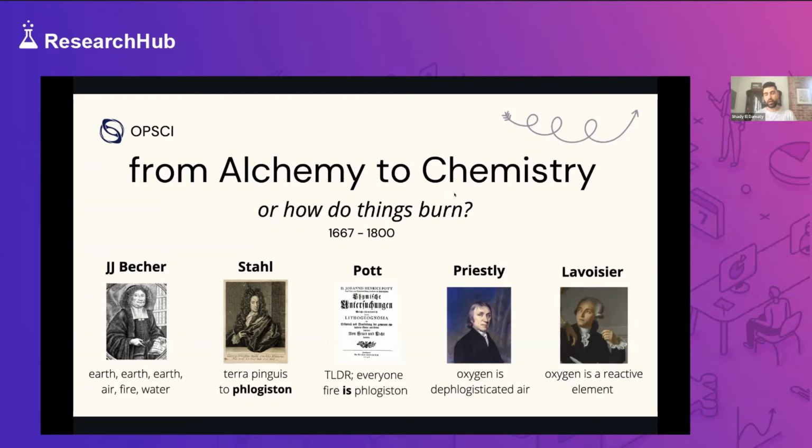Later on, Stahl, a different early chemist or alchemist, if you want to call him that, identified that the 3rd form of earth, called terra pinguis, which is a waxy, oily sort of substance that forms during oxidation as we know it today, was phlogiston.